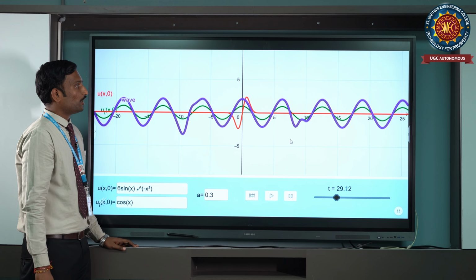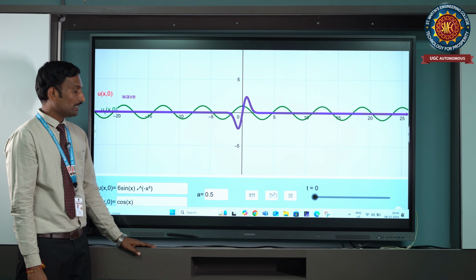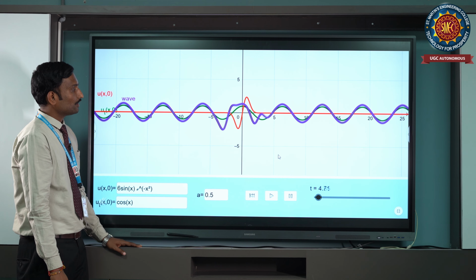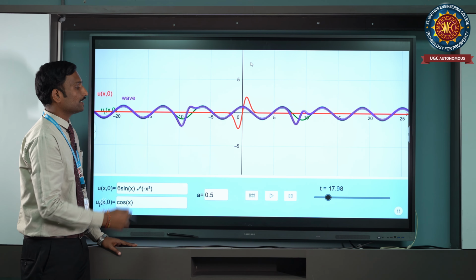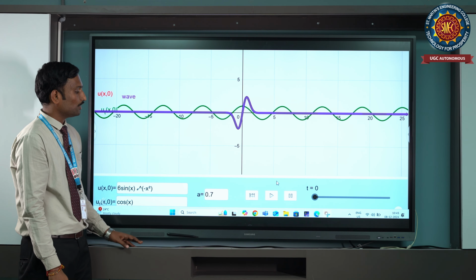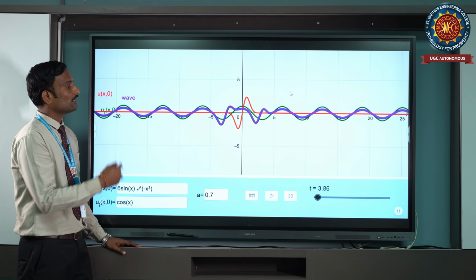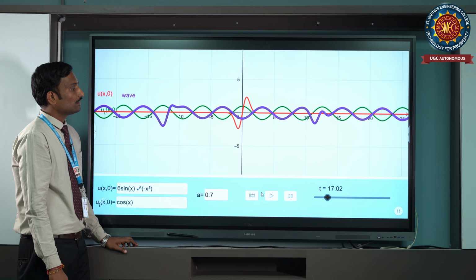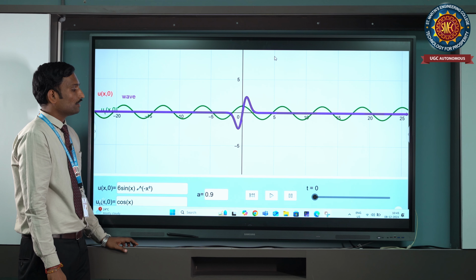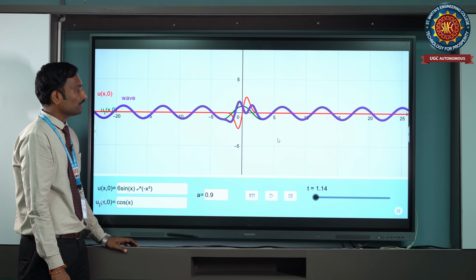For the value of 0.5, you can see the motion of the wave changing drastically as a changes from 0.5. The next is 0.6, 0.7, and the next one is 0.9.